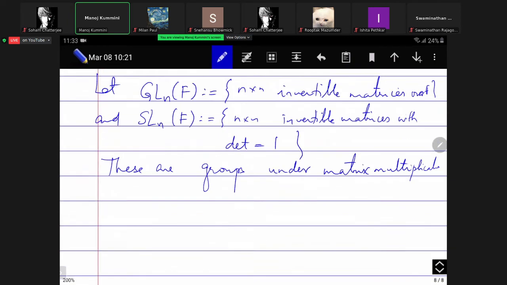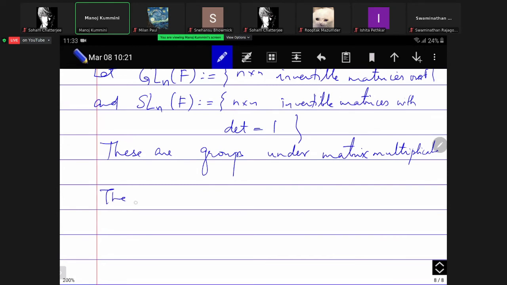The identity element is I_n, and the inverse of a matrix A is A inverse. This is not a linguistic play.